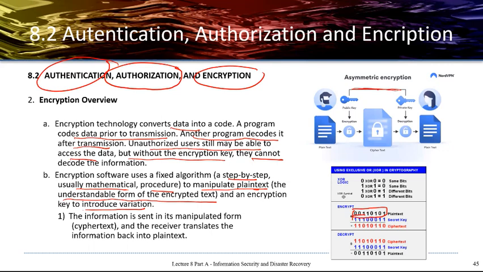The encrypted text comes out like this when you insert the key, because 1 and 1 is 0, 0 and 1 is 1. So this is the XOR logic we are using in this cryptography.